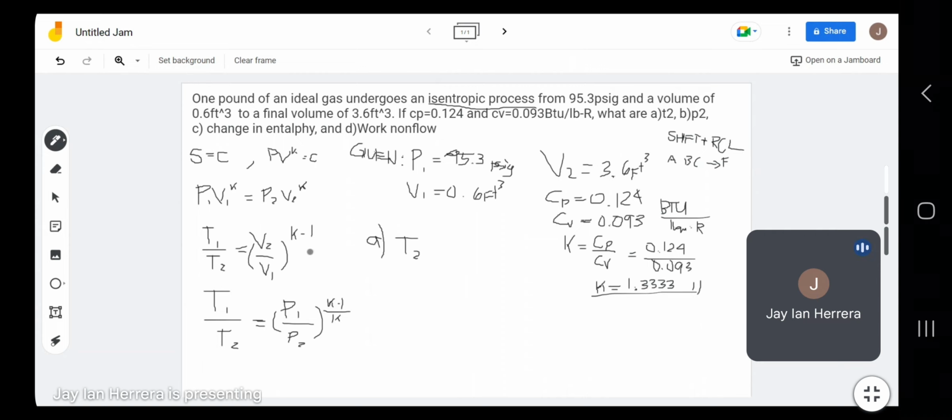So in this case, we will use the temperature to volume relationship.